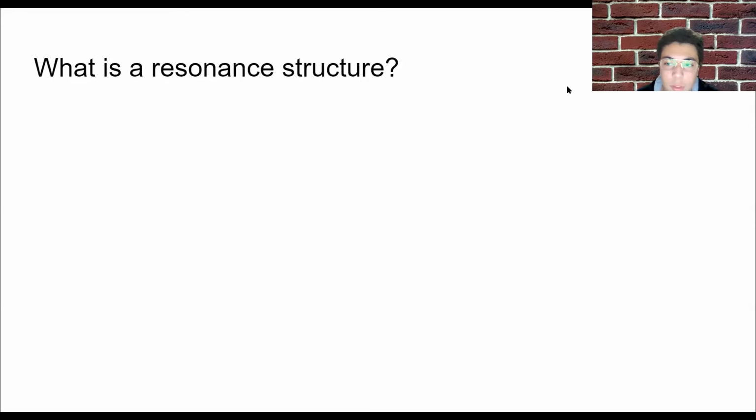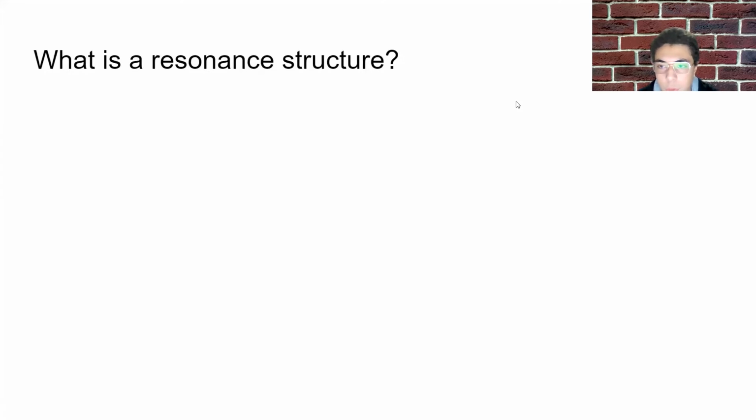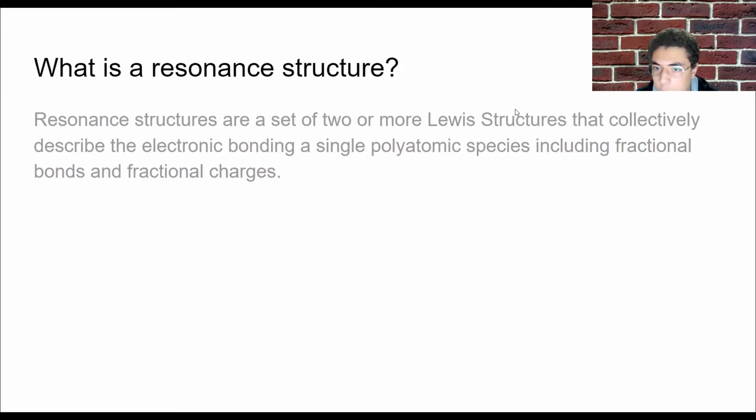A resonance structure is one, two, or more Lewis structures for a single molecule that cannot be represented accurately by only one Lewis diagram.